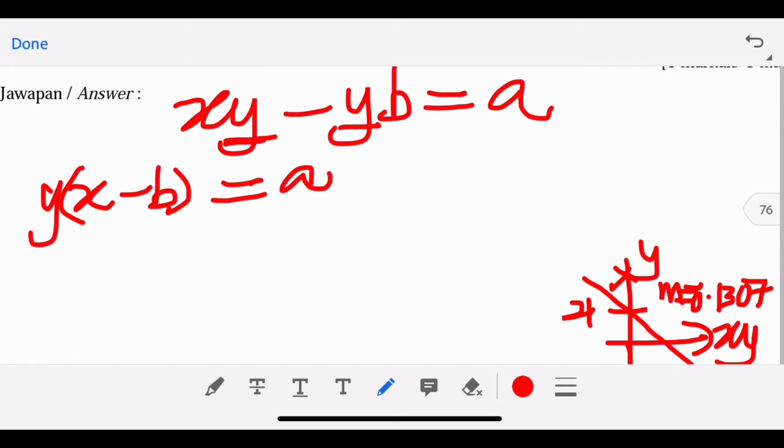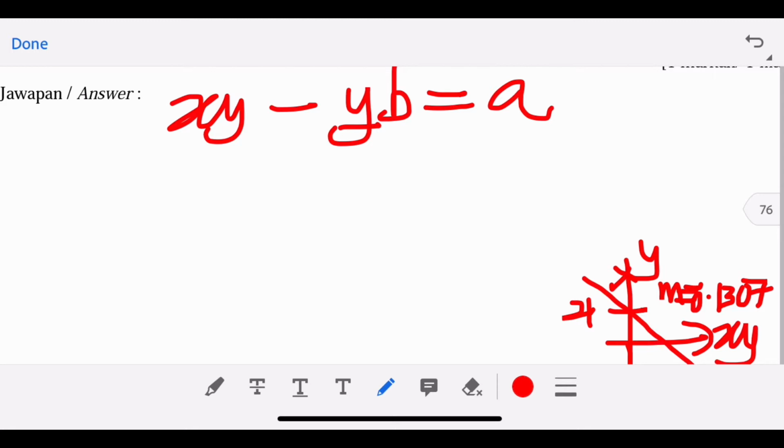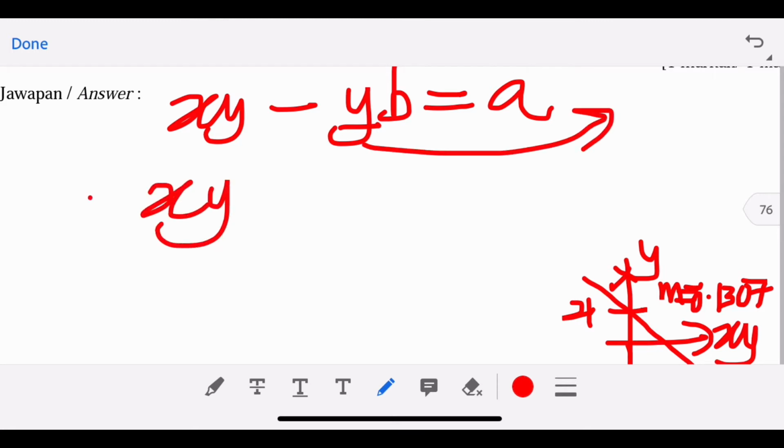That means, okay, we have to follow the graph of y against xy. So that means we have to express yb as the subject, so yb.